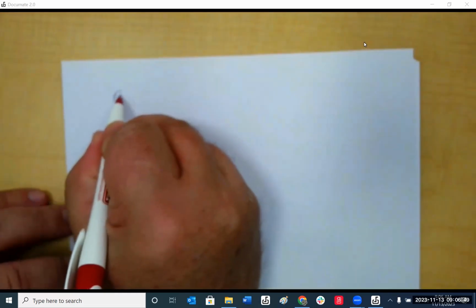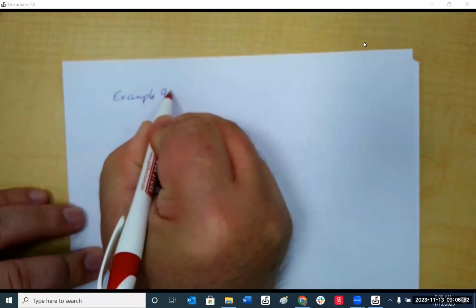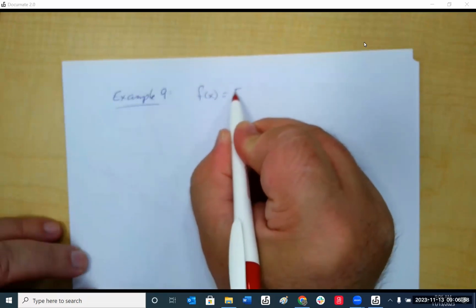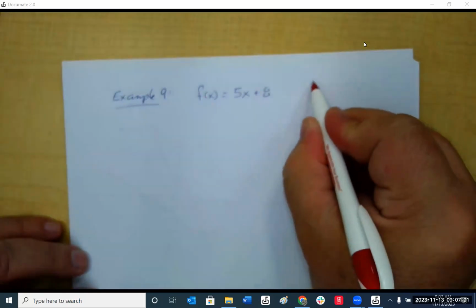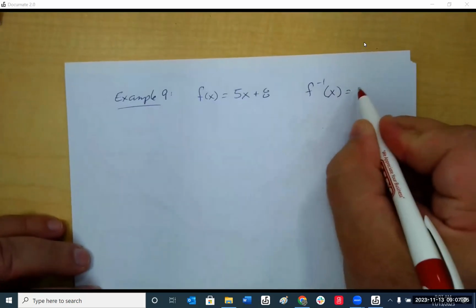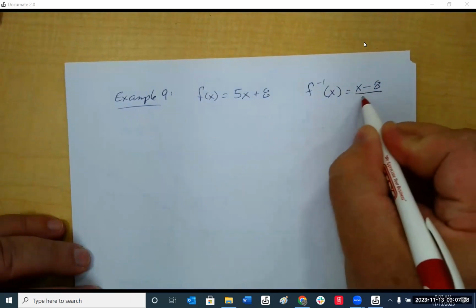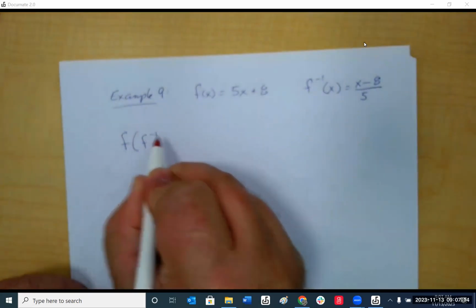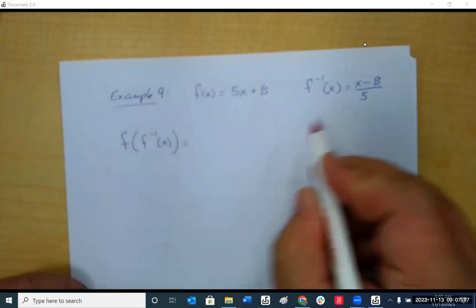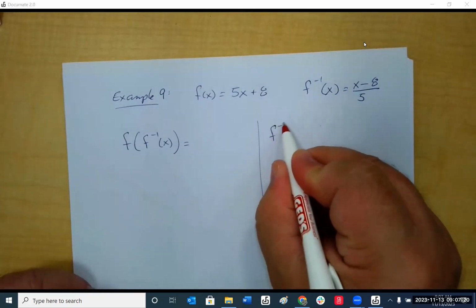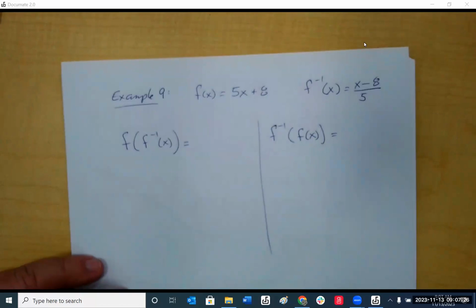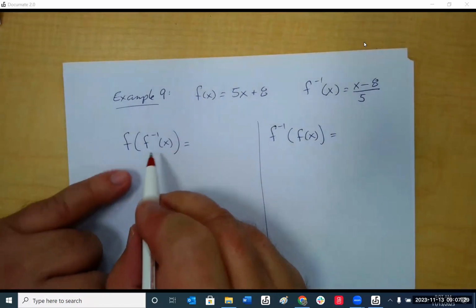All right, so let's look at example 9. Check to see if both of these are inverses.